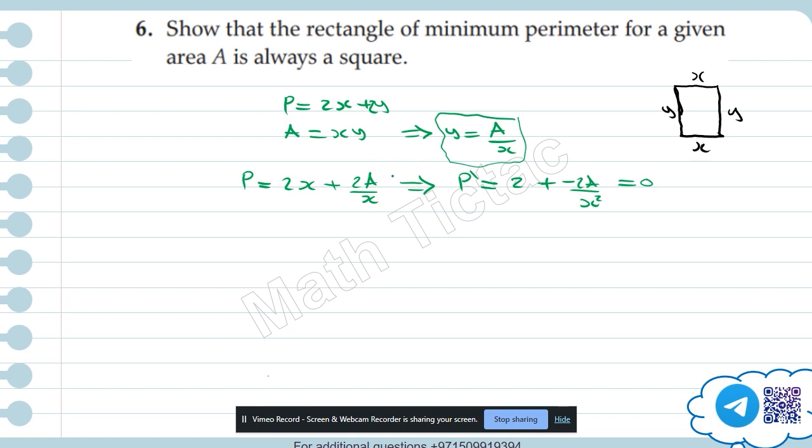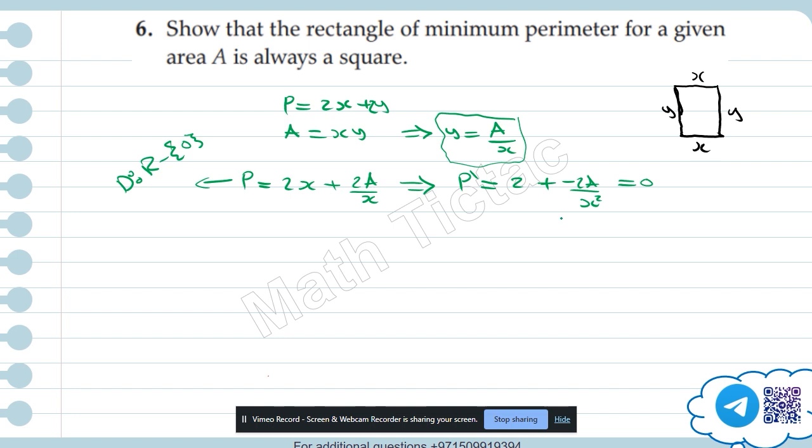Okay, so before finding the zeros, I'll try to find the domain of the original function. This is the original. The domain for this is R minus 0, which is the zero of the denominator.